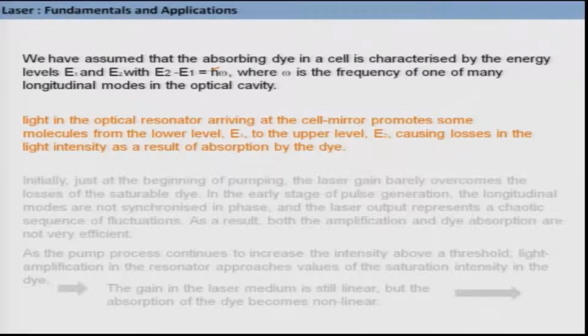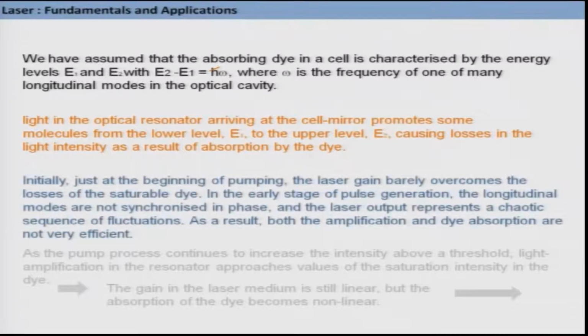At the beginning, when the pumping just starts, you start getting some photons coming down due to spontaneous emission or maybe a little stimulated emission, till the time I have not achieved gain. So the intensity of light is very, very small.